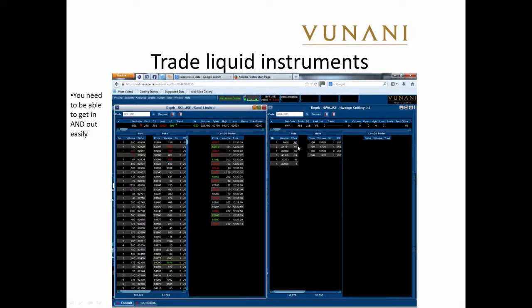And by that I mean the best buyer on this specific stock is sitting at 60 cents, and the best seller is not prepared to sell lower than 1 Rand 50. Now guys, you have to be a fool to pay 60% more for a stock you want to hold, because remember, when it's time to sell, you're probably going to sell it for 60% less than what it's worth. And that is not the purpose of investing. So very important, trade liquid instruments. And I think this depicts exactly why you need to look for those liquid stocks.